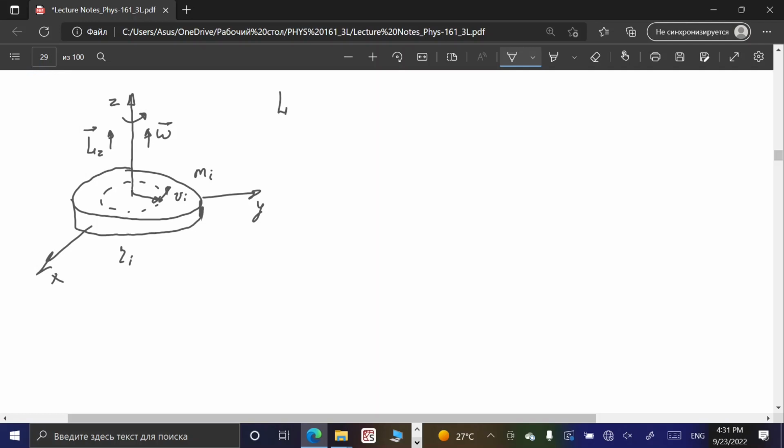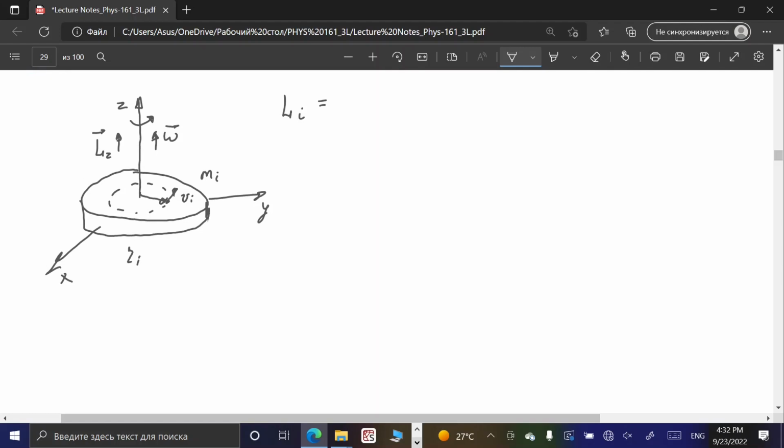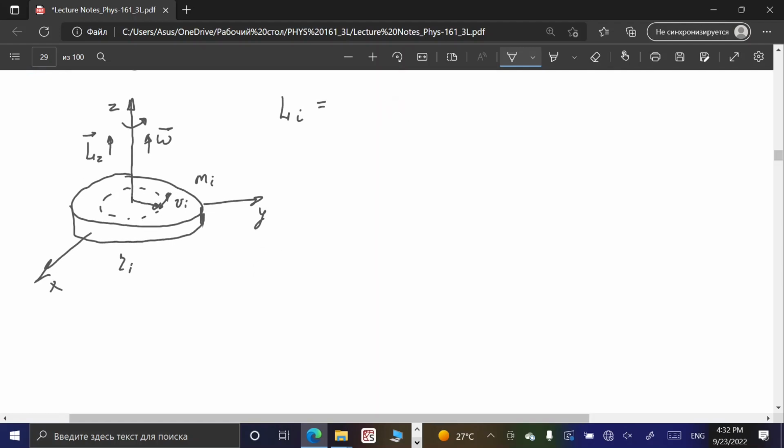Now what will be the angular momentum vector of this specific point i? Since velocity vector for circular motion is perpendicular to the radius, we can write that angular momentum will be m_i times v_i times r_i.